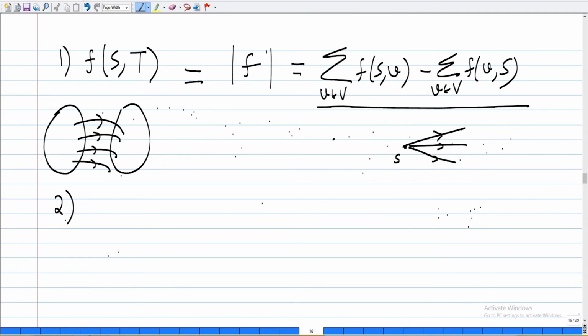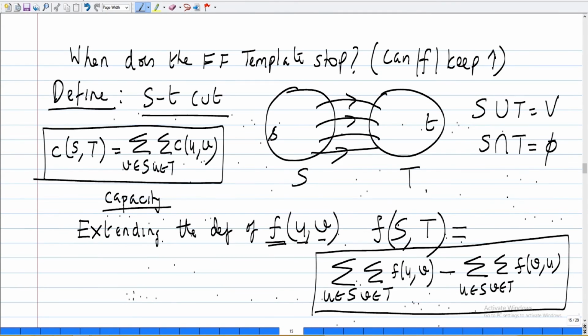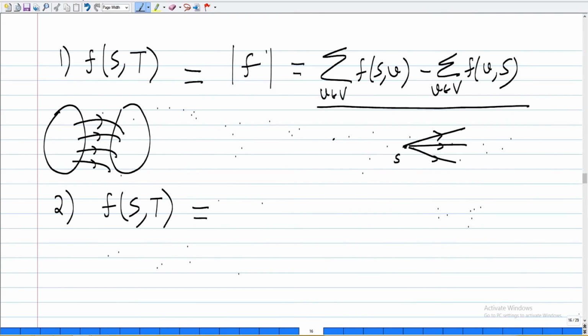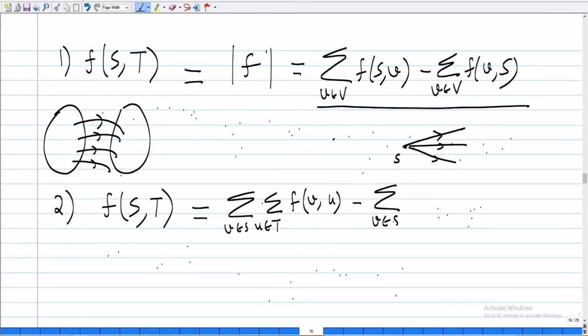Next very interesting thing is F of S comma T, and this is going to give us the upper bound, right? So I wish I could cut and paste. It is this formula, right? So let me write this formula again. It is summation V belonging to S, summation U belonging to T, F of V comma U minus summation V belonging to S, U belonging to T, F of U comma V. Fine.